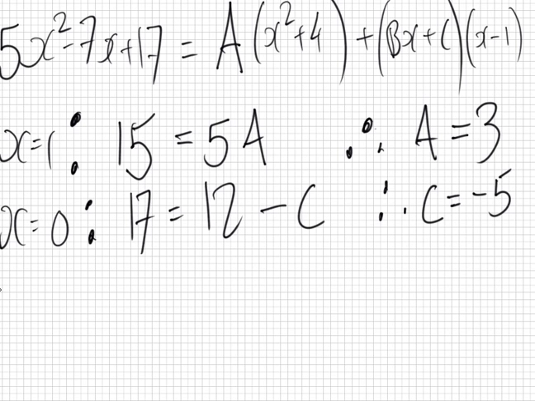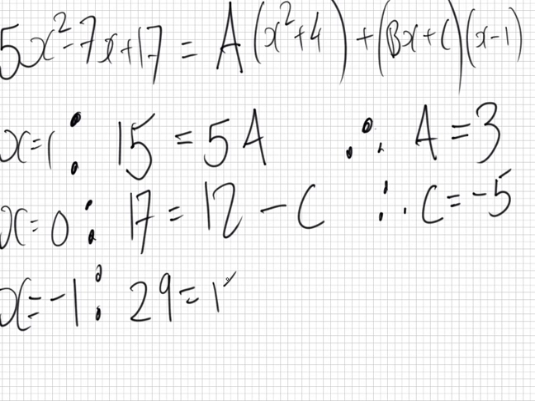And finally, it actually doesn't matter what we use for the last value, so I think minus 1 will be fine. So this will be 5 plus 7 is 12, plus 17 is 29, equals 5 times 3, which is 15.